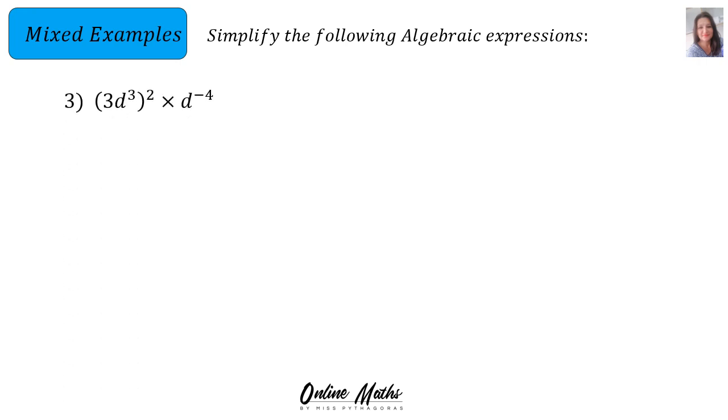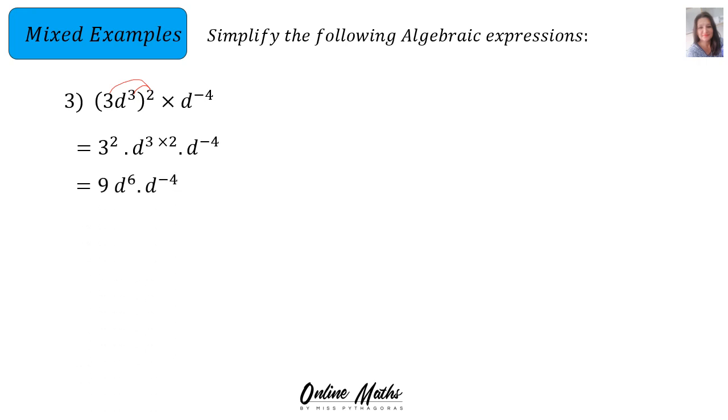Example 3. On this one, here it's 3d cubed squared. So this one you will raise the 3 to 2, and here you will multiply the exponent by 2. So that thing becomes 3 squared times d to the 3 times 2 times d to the minus 4.